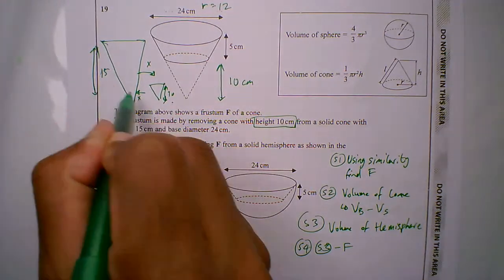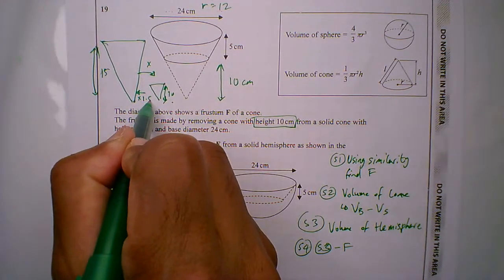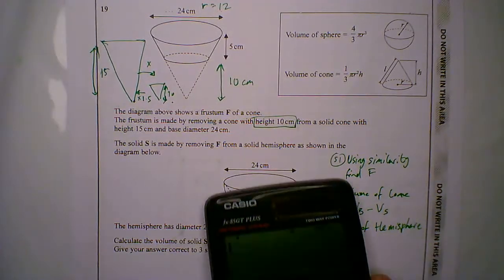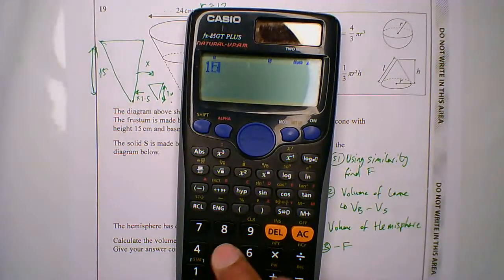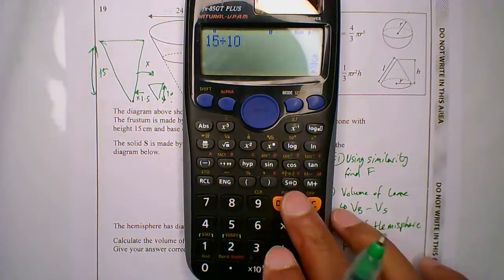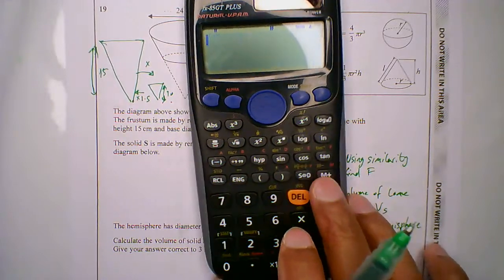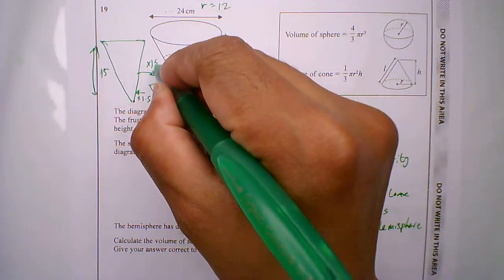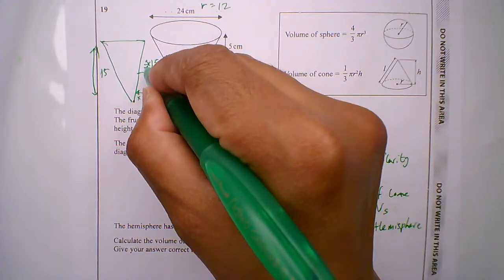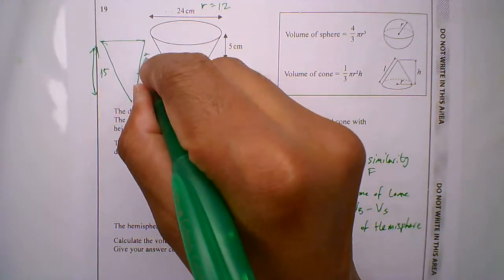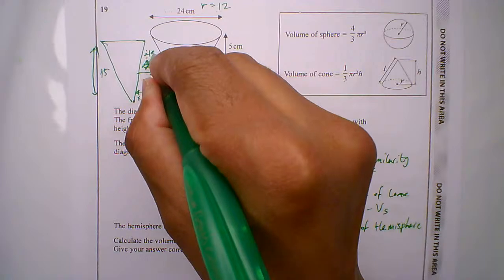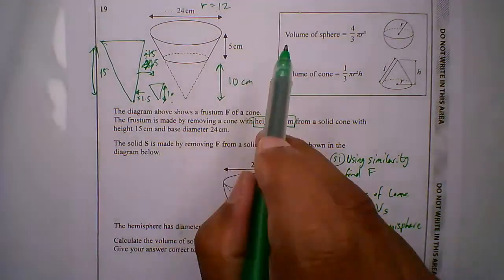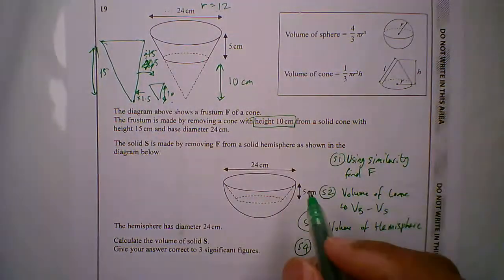Going from the smaller one to the bigger one, multiplying by 1.5. Just use your calculator, just do 15 divided by 10, gives you 1.5. So you're multiplying or dividing by 1.5. Should be divide here. Divide by 1.5.